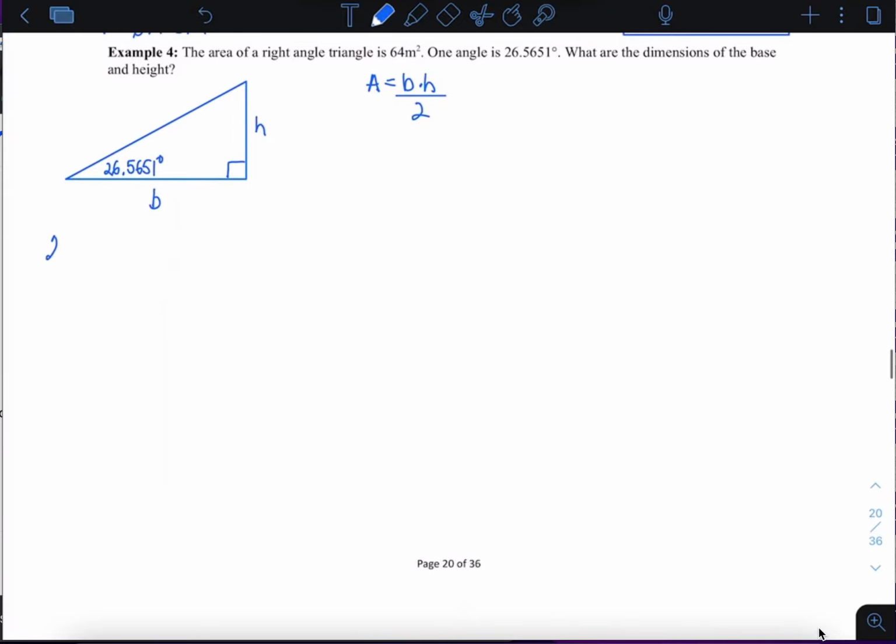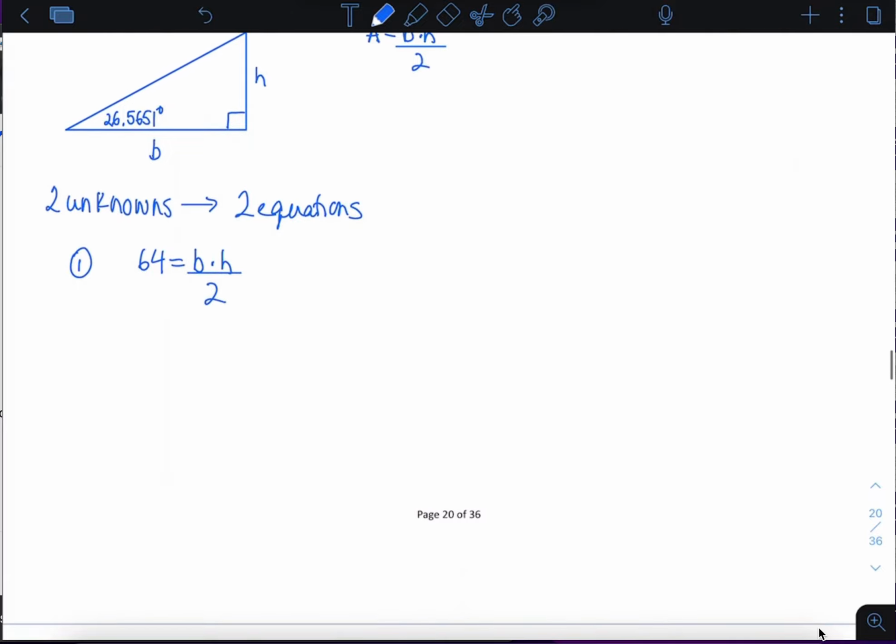So I have 2 unknowns here, b and h, meaning I need 2 equations in my system to be able to solve it. Now, I already have one right in front of me. The first one is 64 equals base times height over 2. That's my area equation.